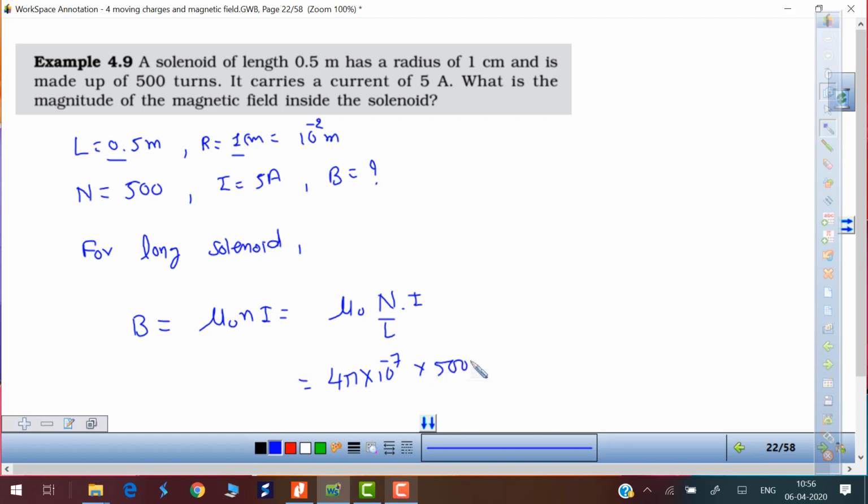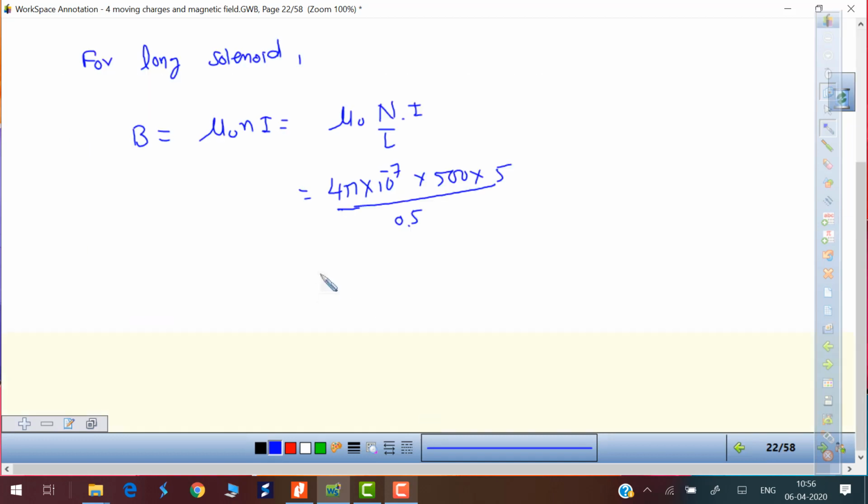So if we substitute all these values, number of turns is 500, current is given by 5 ampere, and divided by length, which is 0.5 meter.